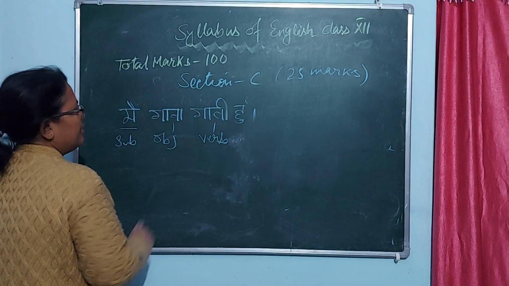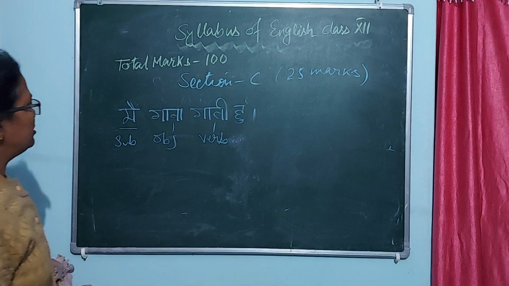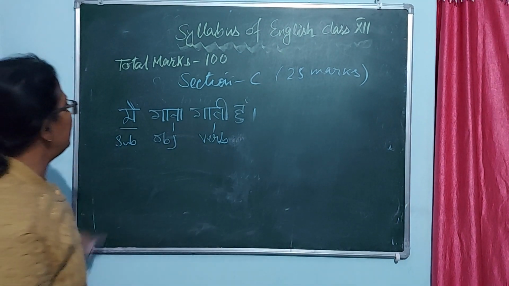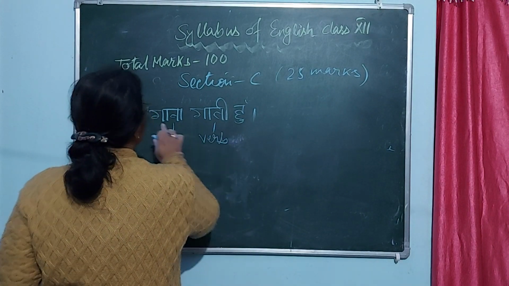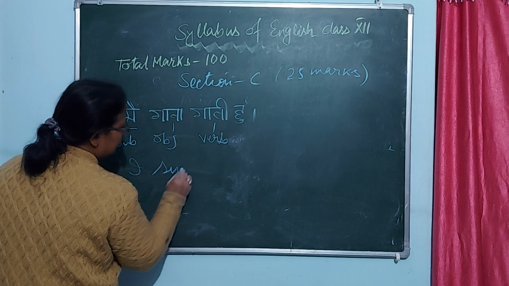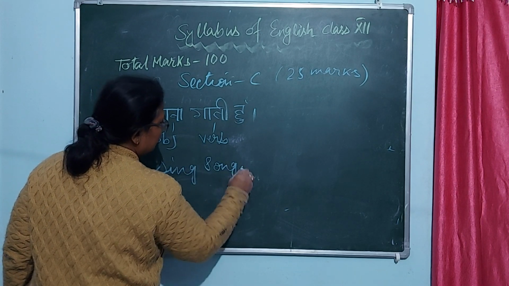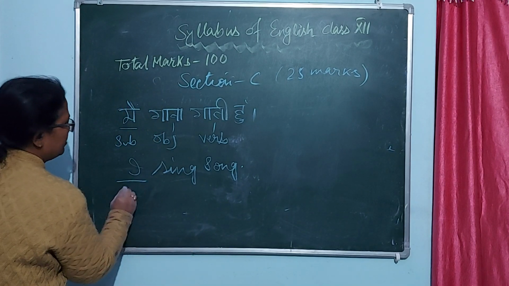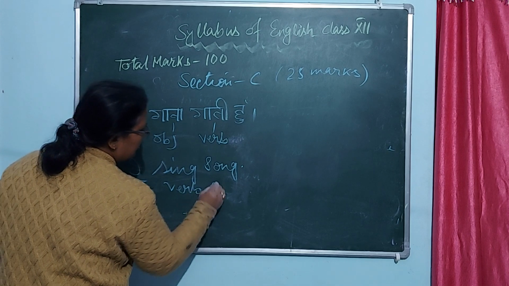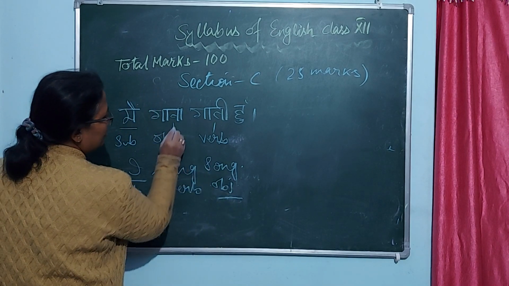Right? Now if we translate into English, how to do this? If we put it this way, then it will be a different one. So मैं, what is here? Subject, verb, object. Different, no?